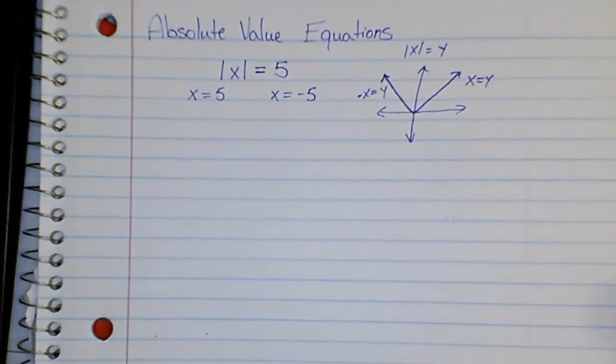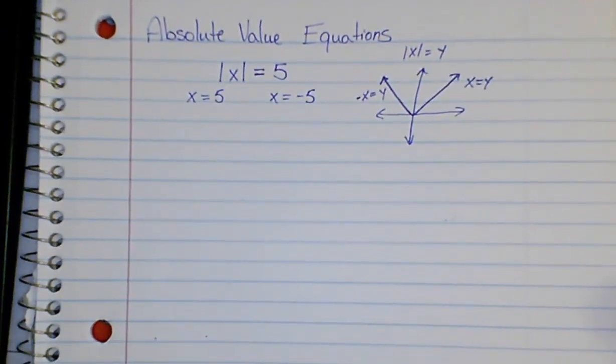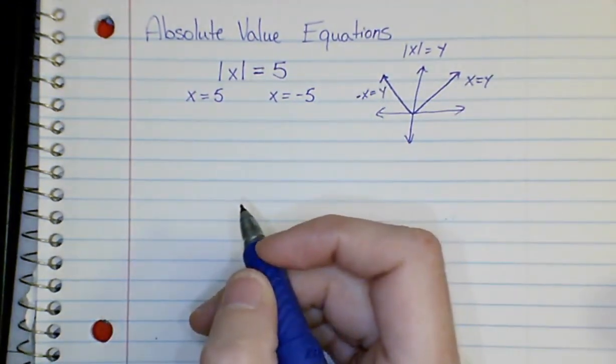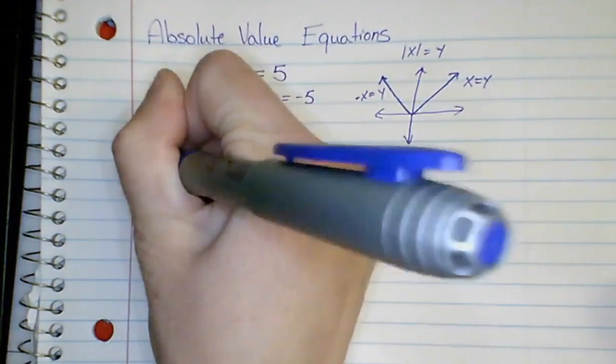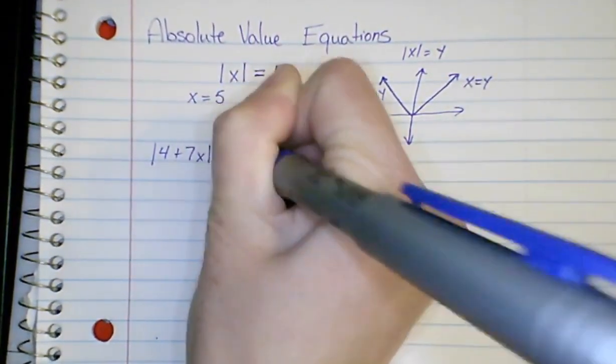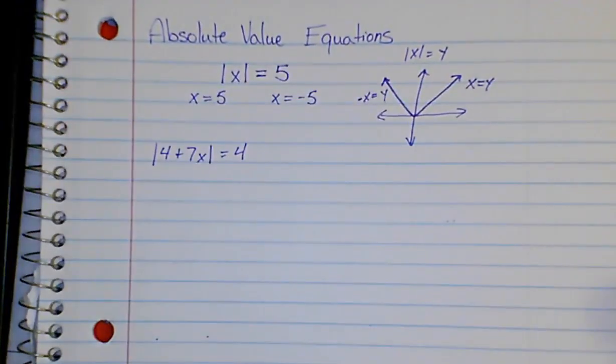You negate your number. And then we'll look at some different ones, some odd equations on these. So let's start out with the absolute value of 4 plus 7x equals 4.